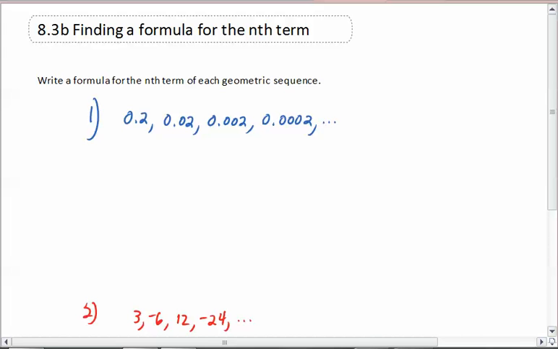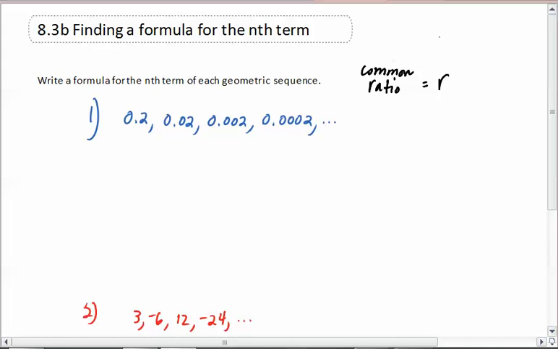So now we're going to go ahead and find a formula for the nth term of a geometric sequence. Now, a geometric sequence, if you remember, back in 8.1 we talked a little bit about referencing geometric, arithmetic, different things. A geometric sequence has a common ratio, and we use the letter R for the common ratio.